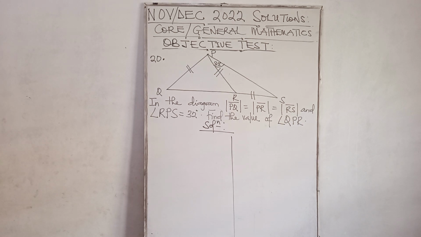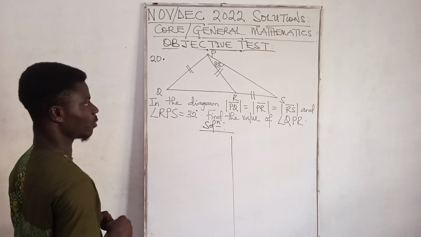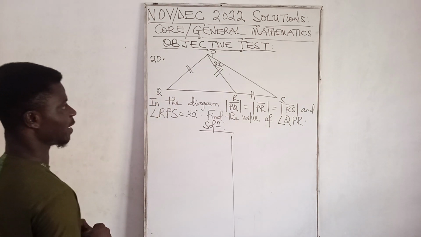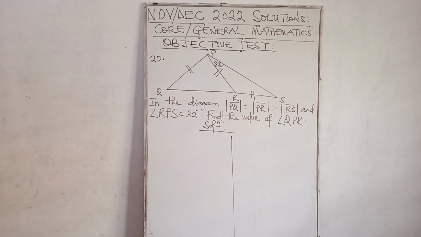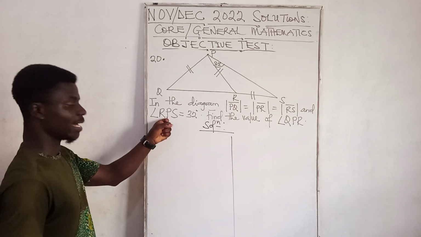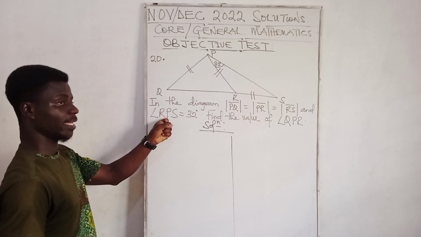So in the diagram, the length of line segment PQ is equal to the length of line segment PR, which must be equal to the length of line segment RS. And angle RPS, which is the letter in the middle, that's the angle we are focusing on. That's the letter in the middle.